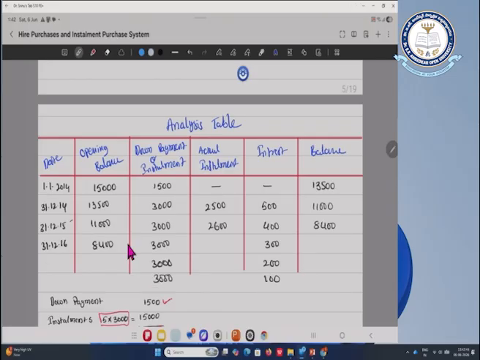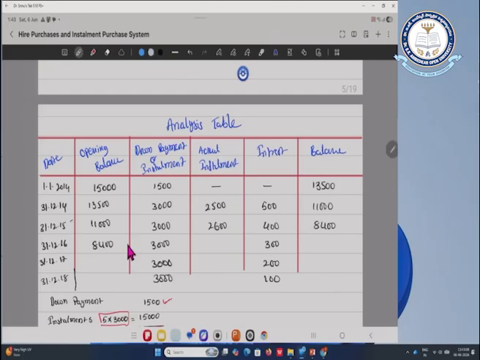Now, what do we have to calculate? 31 December 2017, that is the third installment, 31 December 2018. 1, 2, 3, 4, 5, 14, 15, 16, 17, 18, 5 installments are covered.